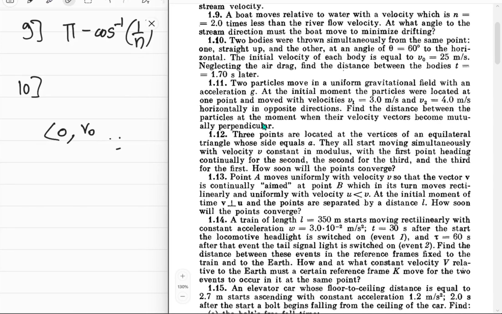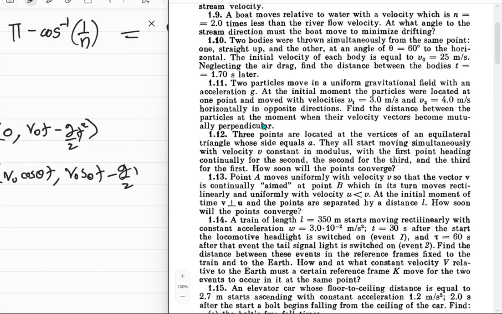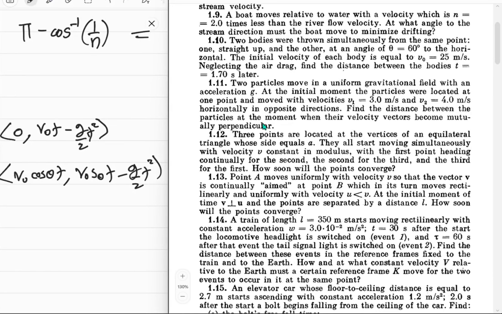Distance between the particles, so just the coordinates basically. So v naught t minus g upon 2 t squared is our coordinate for this guy. And for the other guy, it will be v naught cosine theta t, and then v naught sine theta t minus g upon 2 t square. And at some particular t, what's the distance between these two? That's what we're looking for.